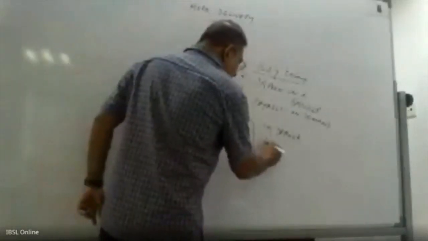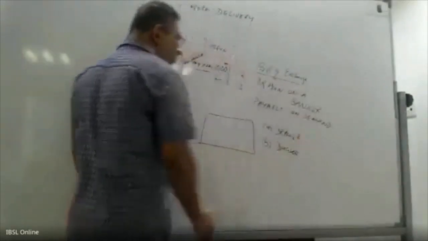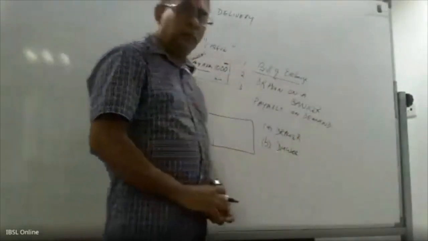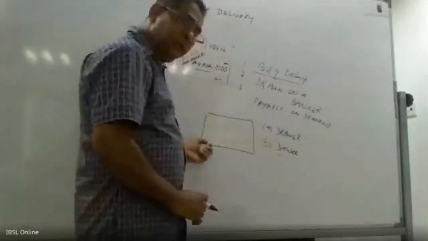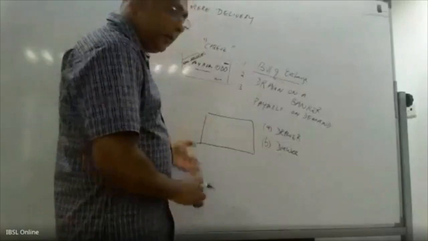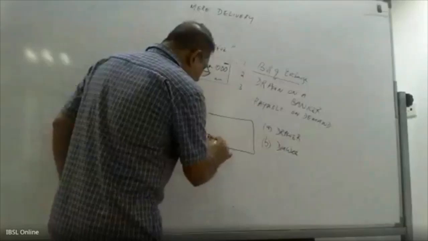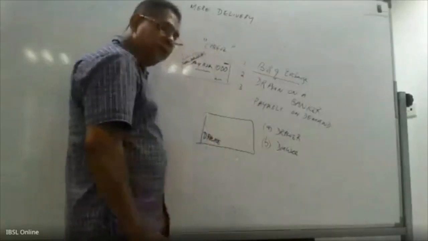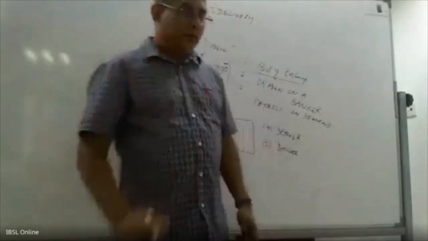In a bill of exchange, you have a drawee. Usually, the drawee is noted on a bill of exchange at the bottom left-hand side corner, with the drawee's name and address.